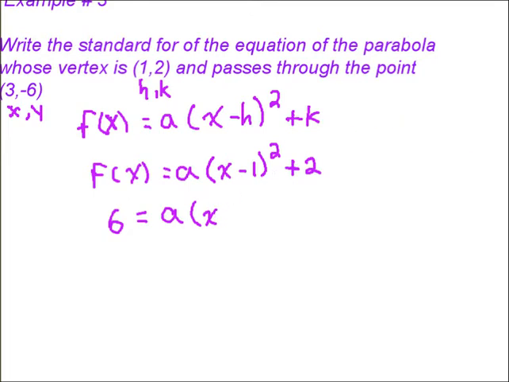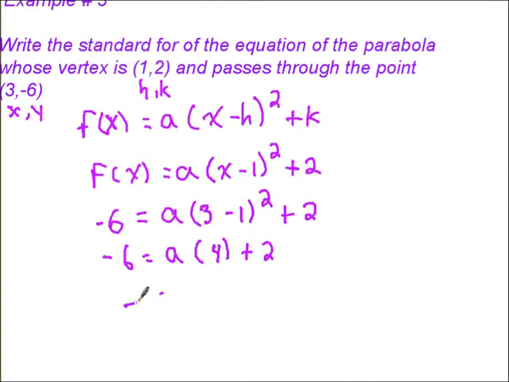I want to replace that x with a 3 and f of x with negative 6. Replace that x with a 3 minus 1 quantity squared plus 2. So negative 6 equals a times 4 plus 2.